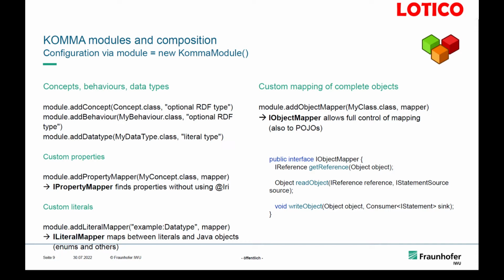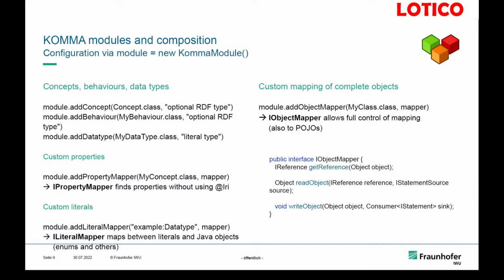You can also implement custom properties. This is also a new feature that was implemented last year. There you can provide an instance of the interface IPropertyMapper that finds properties in your concept classes. So you don't have to use the Iri annotations, and you can just map your existing interfaces via KOMMA without changing them.